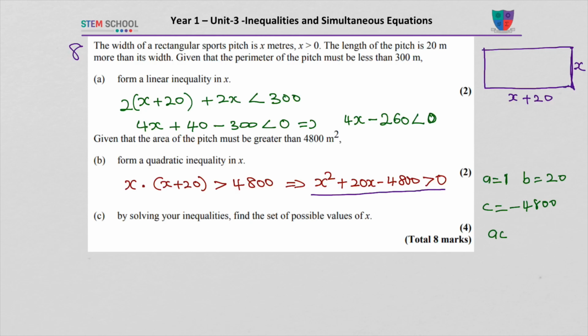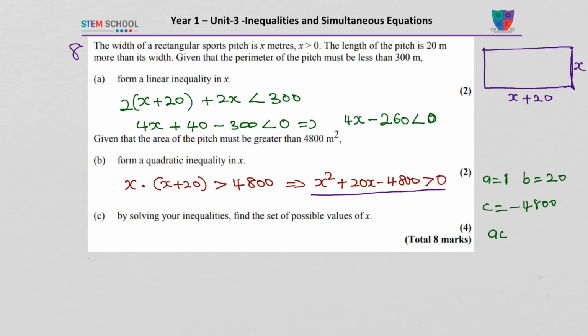I need two numbers I can multiply together. Well, 48 is 8 times 6, which means I'm looking for 80 and 60. I want to get plus 20, so I want minus 60. And therefore, I want to put x here and x there.